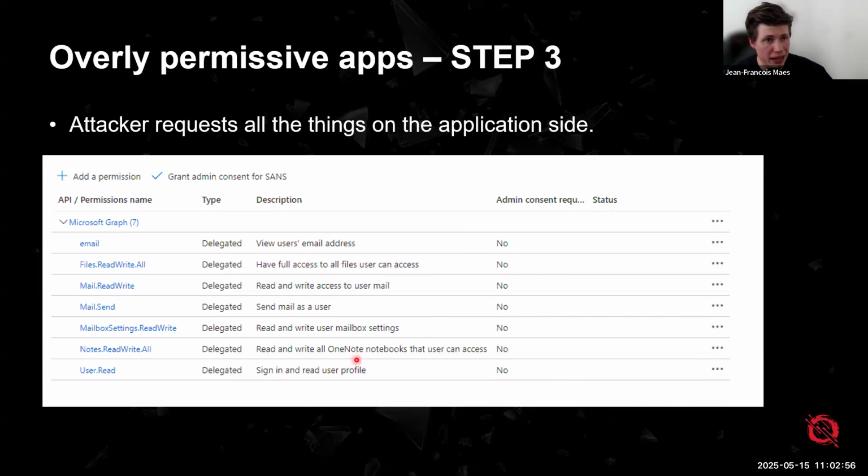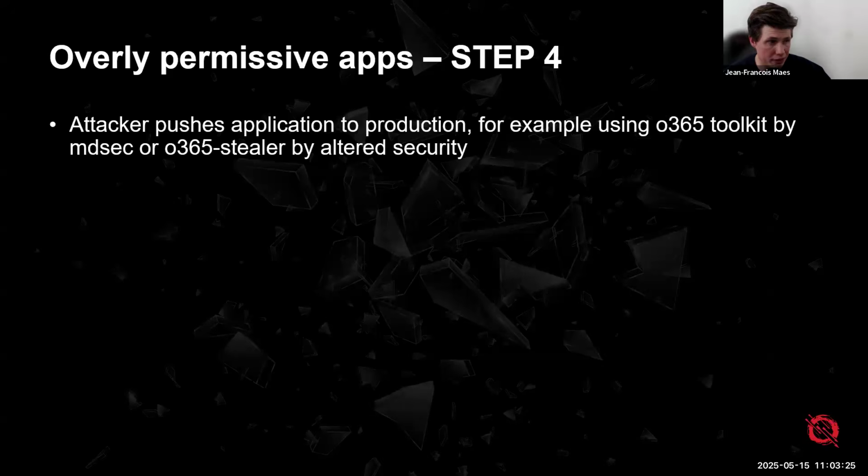So the Graph API allows us to get a lot of permissions, including email addresses, but also giving us access to all the files that a user can access, allowing us to write and read emails of the users, send emails as that particular user, override email inbox settings, sign in and read user profiles, etc. So quite a few interesting things from an adversarial perspective.